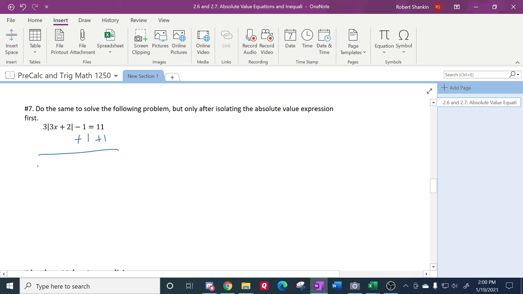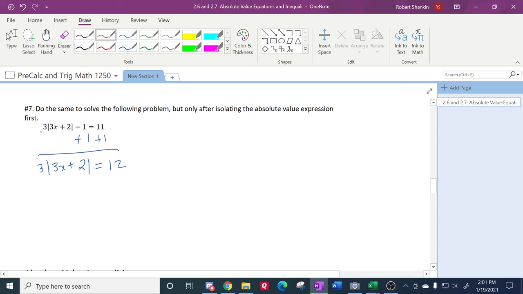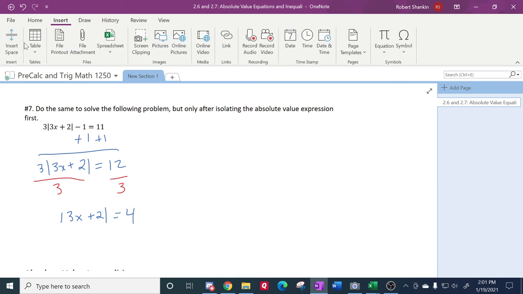So the first thing we do is we isolate the absolute value. And once I have it isolated, then I'm going to branch into 2 steps.